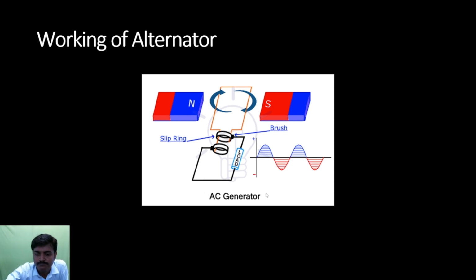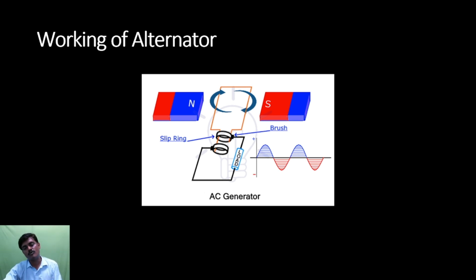This is one coil side and this is the other coil side. If I am rotating the coil in the forward direction, the left coil moves upwards and the right coil moves downwards.